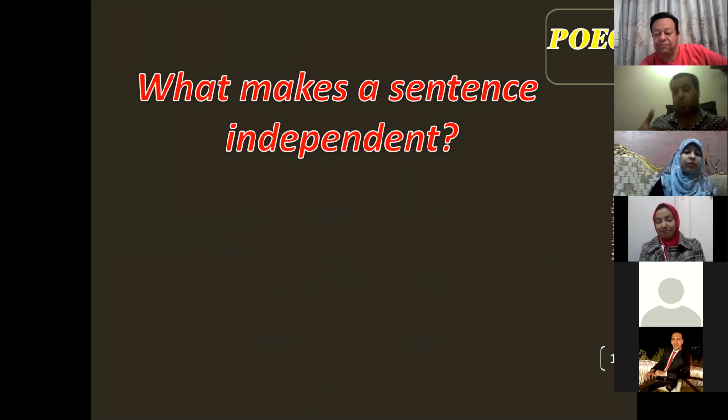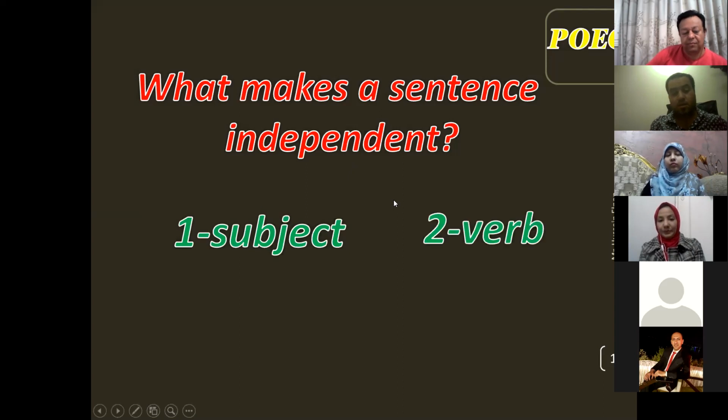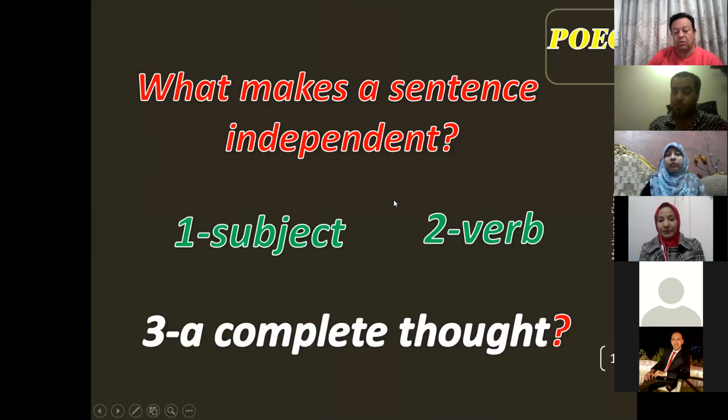What are the components of that independent clause? MashaAllah. At least we have the subject and verb. We agreed upon this before, guys. Do you remember in the first session? We said that we need a subject and a verb. And Mr. Abdullah completed that, saying there must be a complete thought, a complete idea. You have to deliver some sense. I need to understand what you're saying.